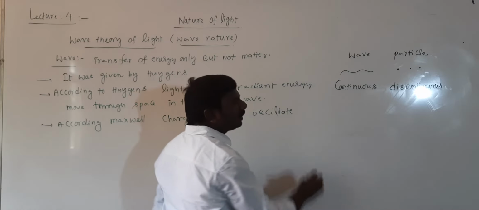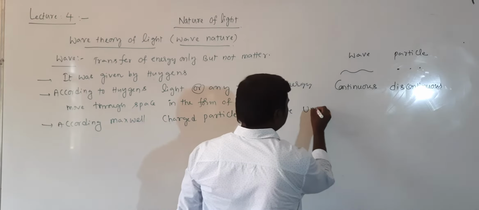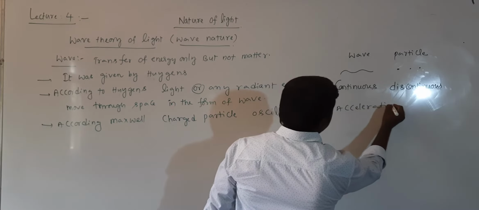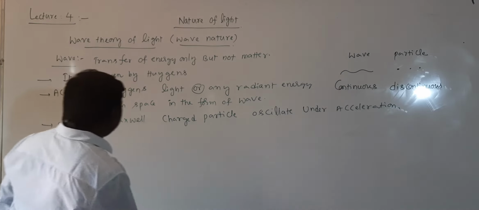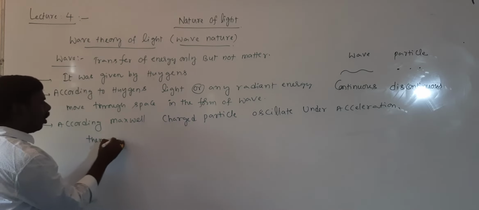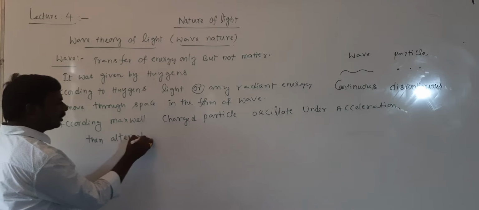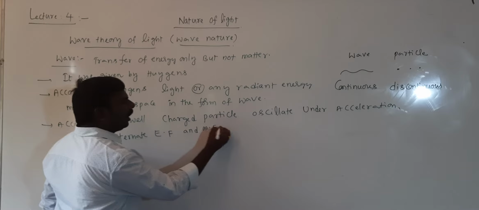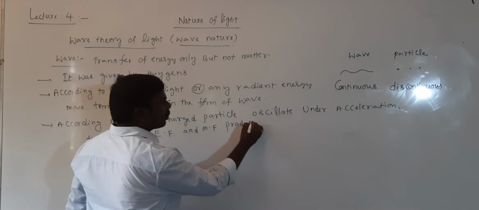Oscillation means moving under acceleration, then alternate electric field and magnetic field are produced.